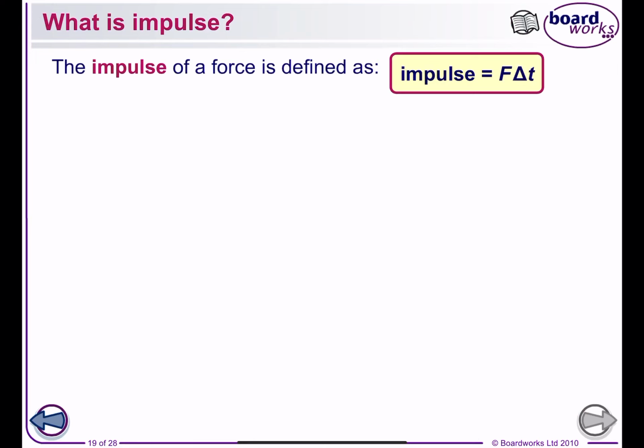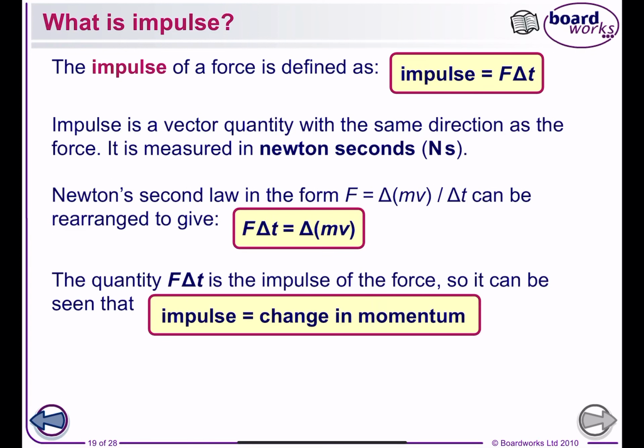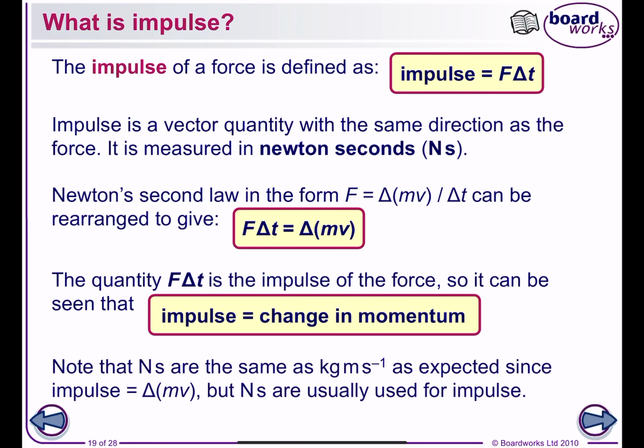So impulse is the product of force and time. Let's have a look at this a little differently. Impulse, therefore, is the change in momentum. Remember earlier on we said that the force that was experienced was to do with how quickly we changed the momentum. It was the momentum over time. So force equals momentum over time.